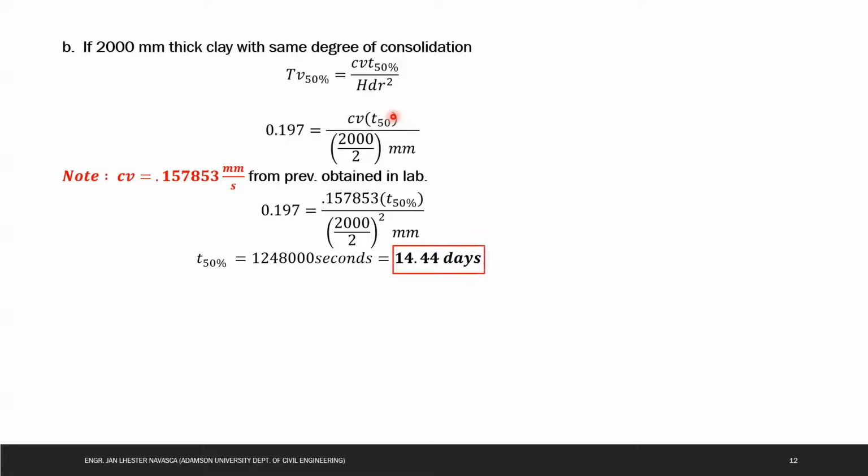Imagine, for 25 millimeters it took only 195 seconds. However, for the same 50% degree of consolidation in the 2-meter thick layer, it took 14.44 days for a complete 50% settlement.